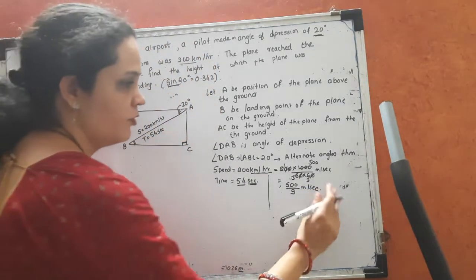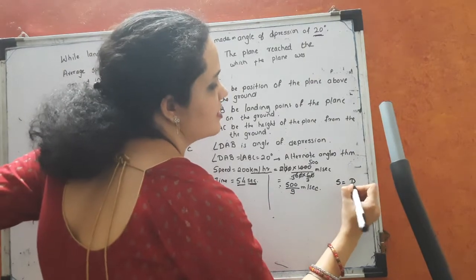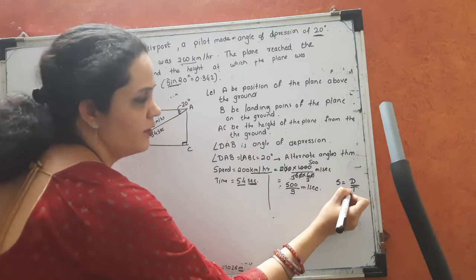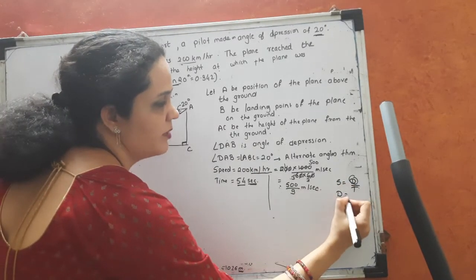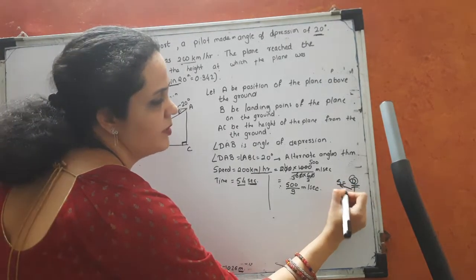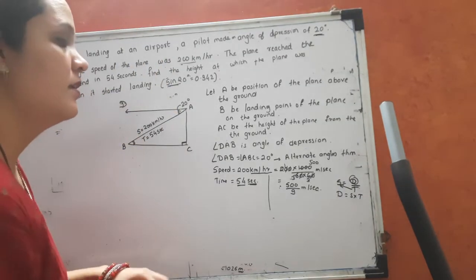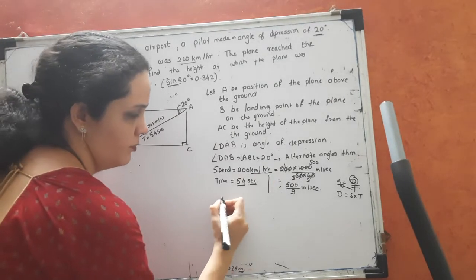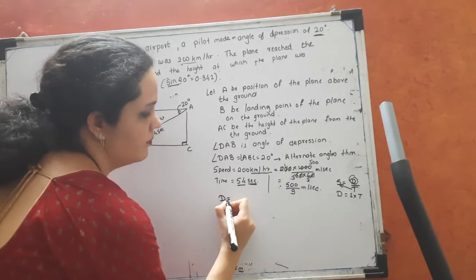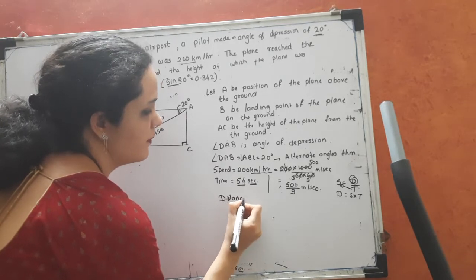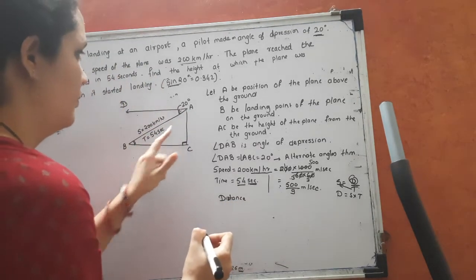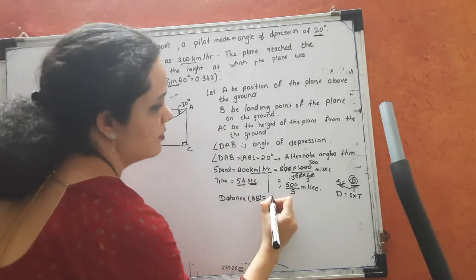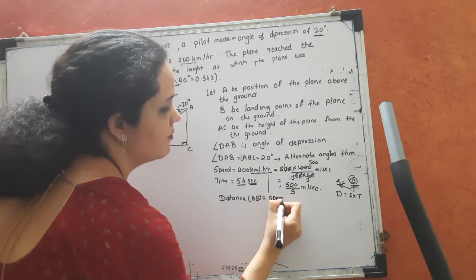You know the basic formula for speed: speed is equal to distance upon time. So using this formula, distance will be speed into time. So distance AB will be equal to speed into time.